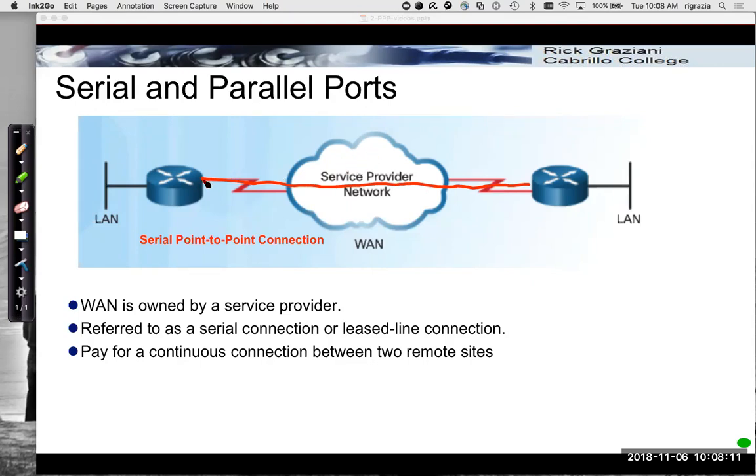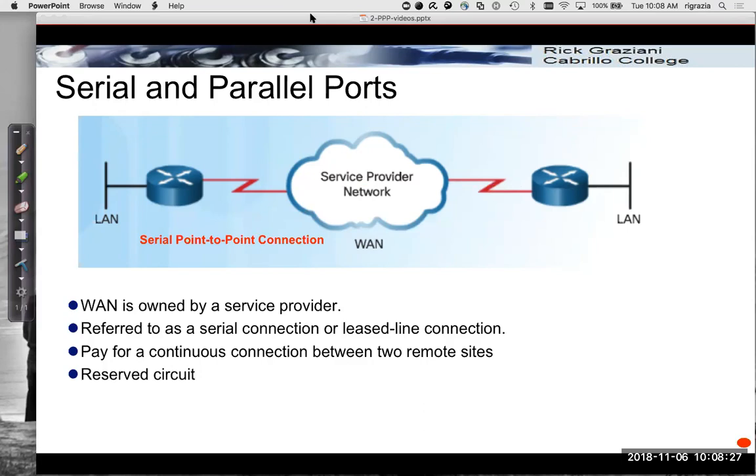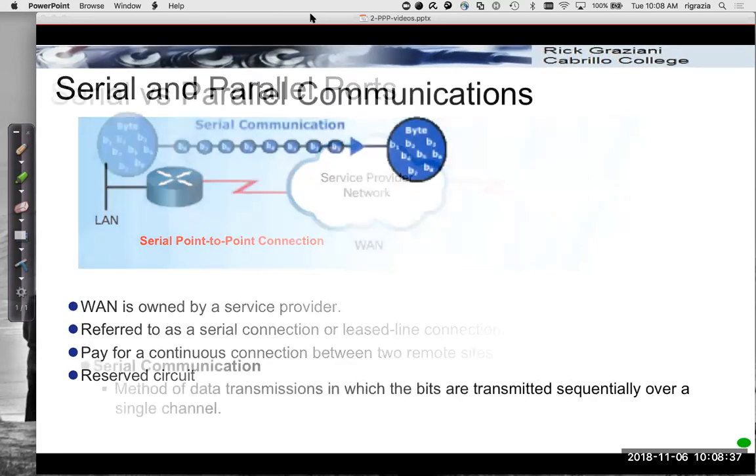But as far as the subscriber is concerned, it looks like a single contiguous link between the two sites. And the subscriber is paying for this always on connection between the two sites. So it's a reserved circuit. Sometimes we think of it as a private leased line circuit between the two remote sites.